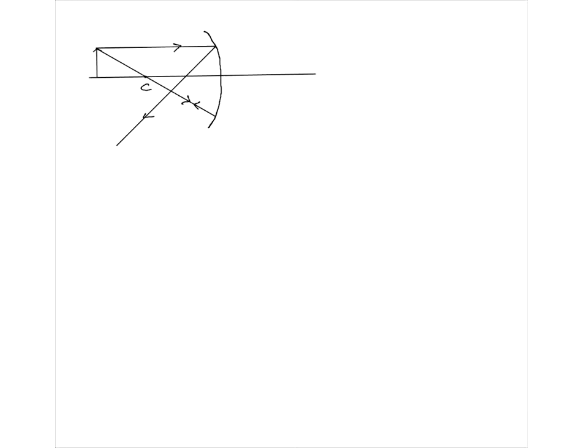Intersection is here, and the image of this point will be here. That can be easily checked. Two points are enough to construct a straight line, or straight line segment rather. And we are done. It's inverted in this case.